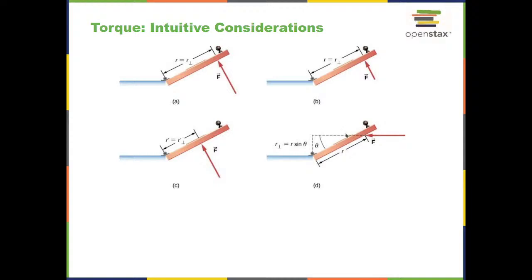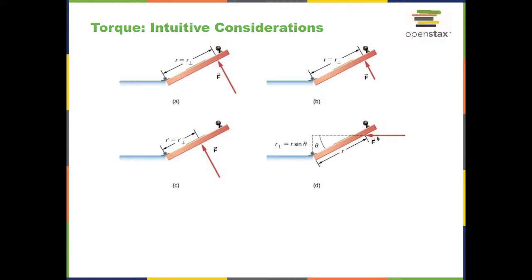And there are two different ways to look at this. We can look at this as we're pushing with an angle with respect to the door, or with respect to our vector r here. Or we can think of this as decreasing this r perpendicular, which is the distance from the pivot point to the so-called line of action, which is the line that you're applying the force on.